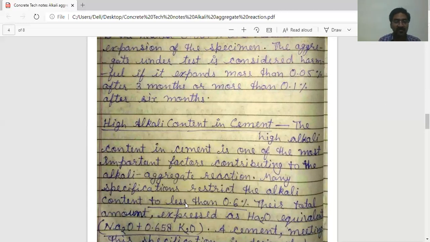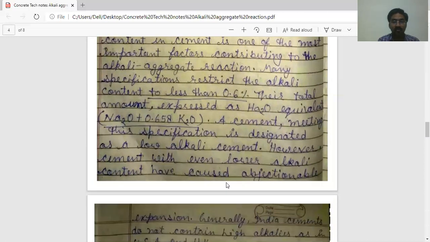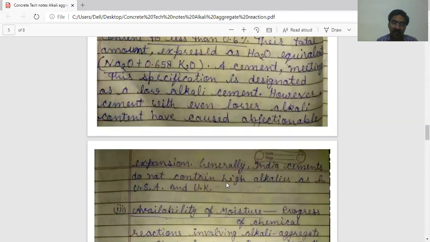Many specifications restrict the alkali content to less than 0.6% of the total weight of cement, expressed as equivalent Na2O, that is, sodium oxide plus 0.658 K2O, potassium oxide. A cement meeting this specification is designated as a low alkali cement. However, cement with even lower alkali content has caused objectionable expansion due to other factors.